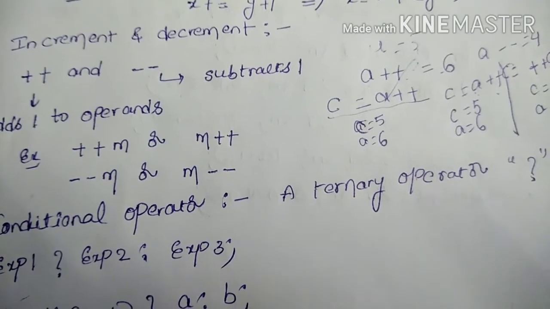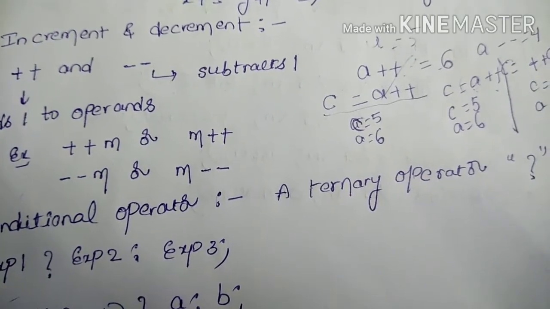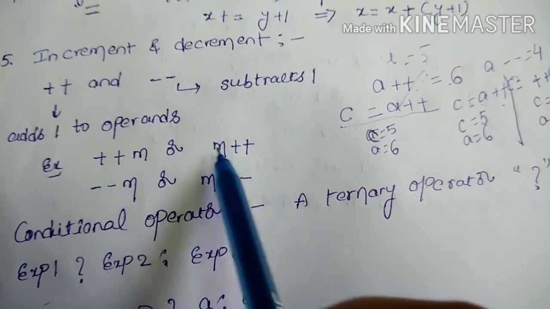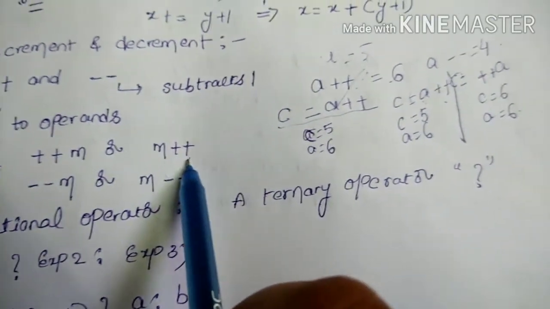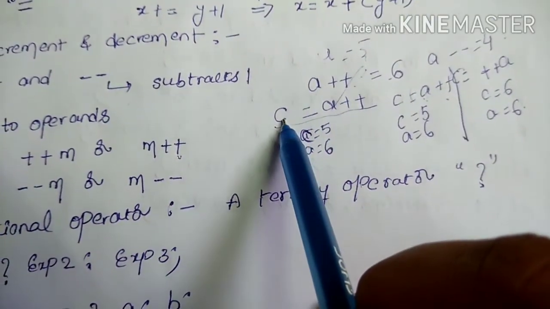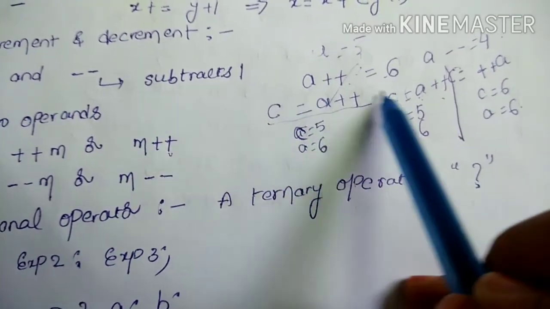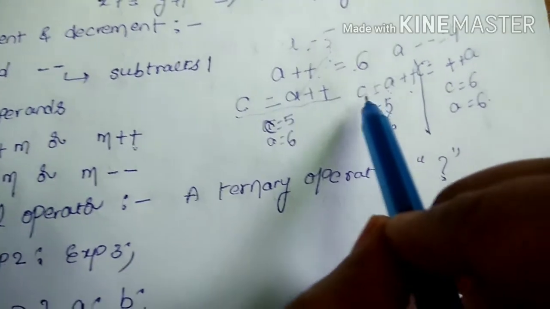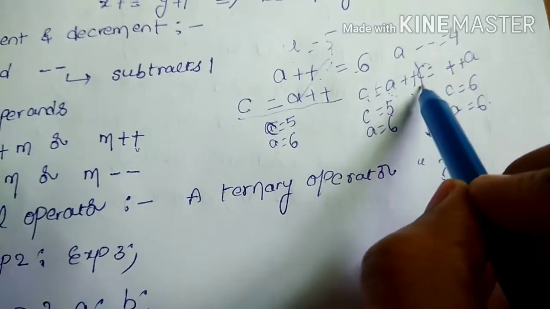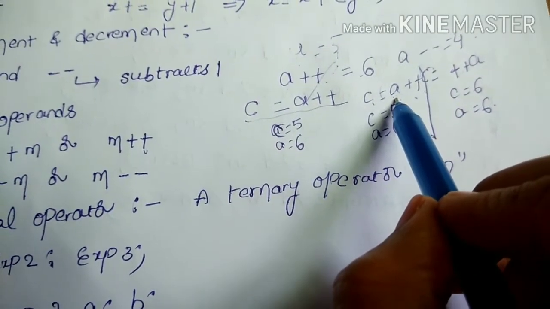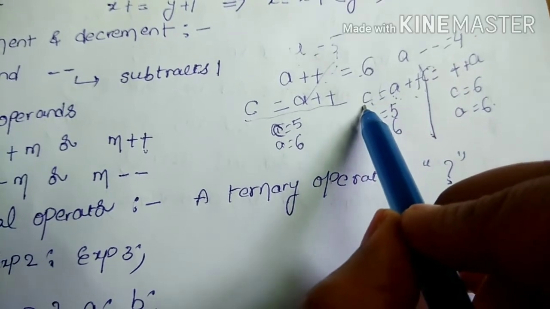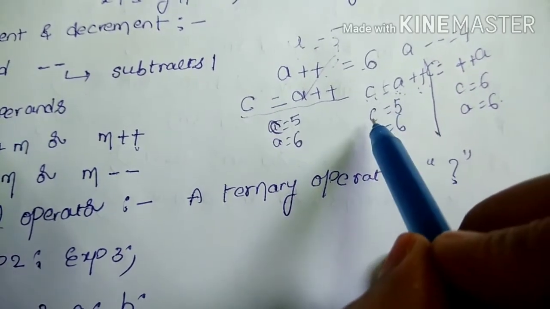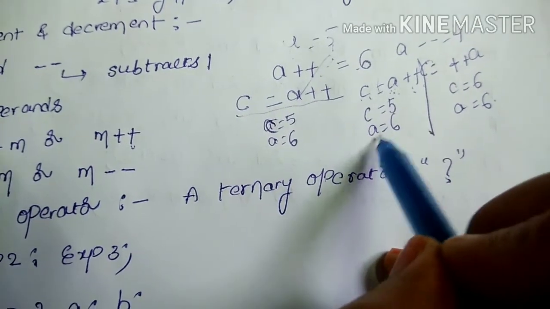For increment and decrement operators, you have postfix increment and prefix increment. So this is the prefix increment and this is the postfix increment. If you consider it in expression form, see here, a is equal to 5 I have given. I am going to write c is equal to a plus plus. First the value of the variable is assigned and then the variable value is incremented. So the output will be c is equal to 5 and a is equal to 6.